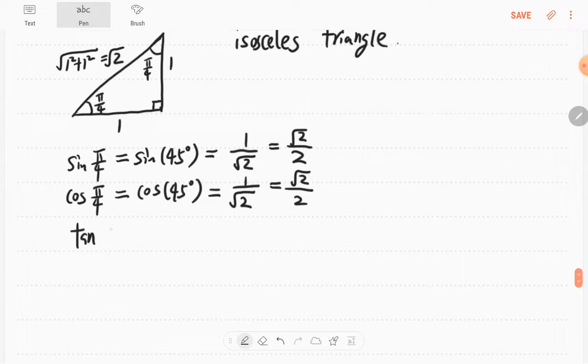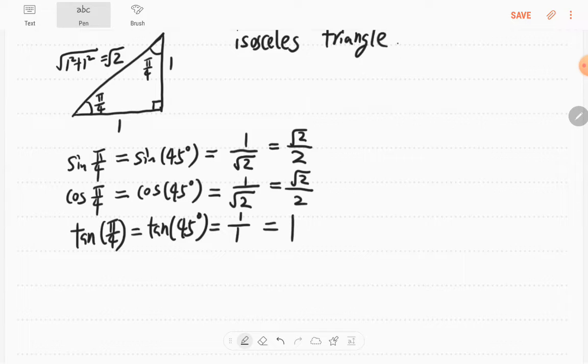Tangent of pi over 4, this is the 45 degree, is equal to opposite over adjacent, so it's 1 over 1, so this is equal to 1.